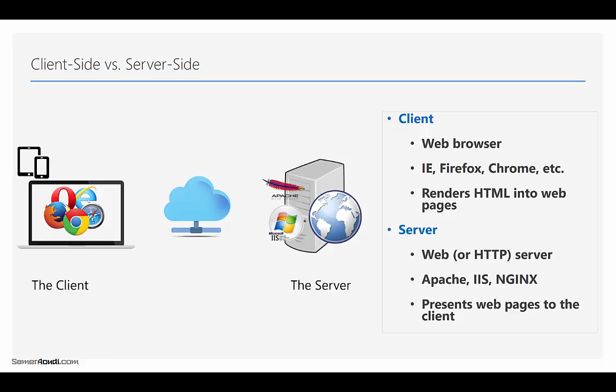The server basically is, again, a certain computer somewhere in the world that has a dedicated software called HTTP server, or sometimes web server like Apache or IIS and so on. And the job of this software is to listen and present web pages to the client when they are requested. So again, that request response model that we have online.